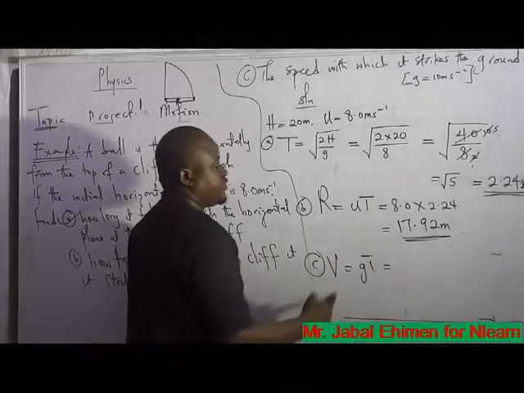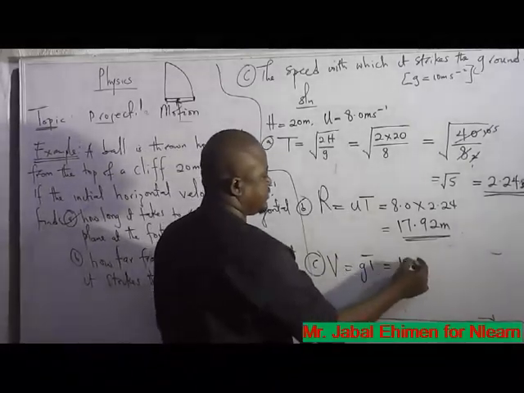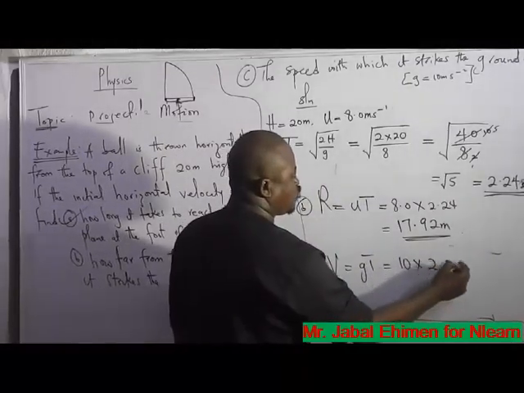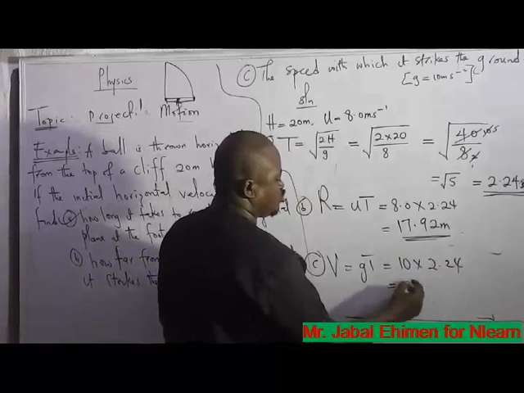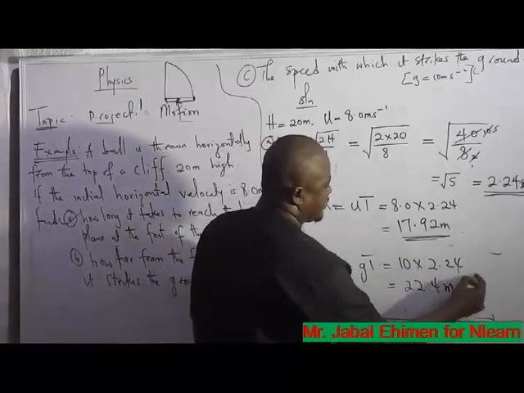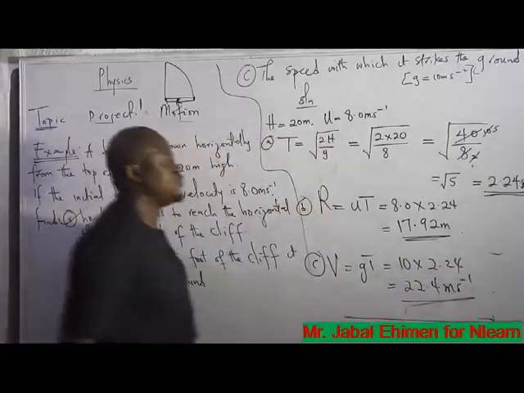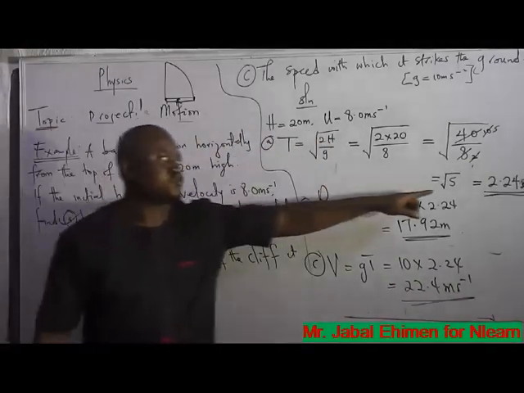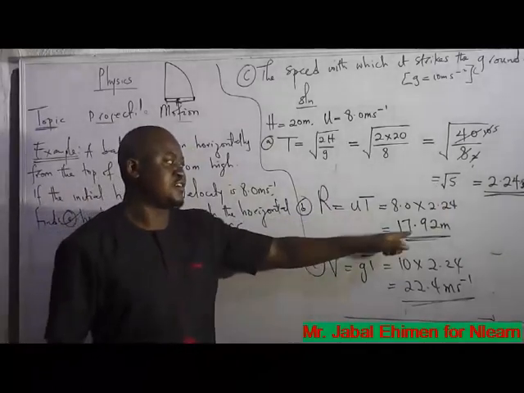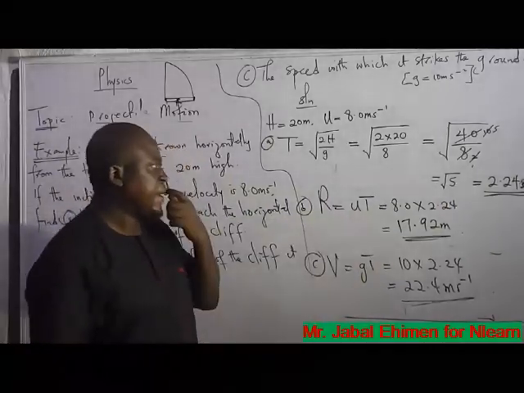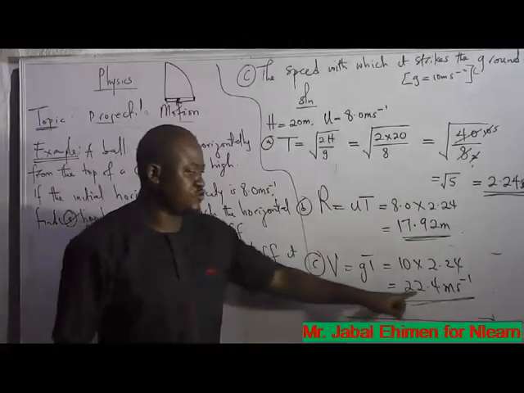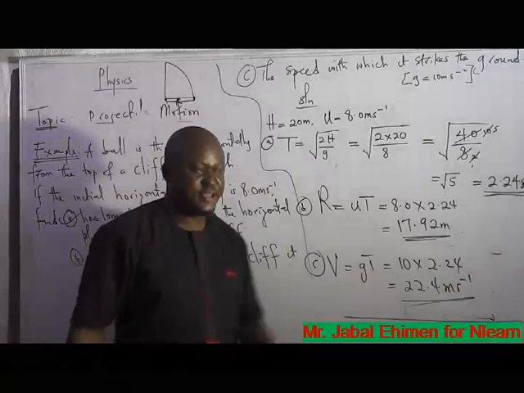And what is the value of g? The value of g is 10. The value of t is 2.24. That will give us 22.4 meters per second. So you have this: the first, 2.24 seconds. The second, which is the range, 17.92 meters. And the last but not the least is 22.4 meters per second.